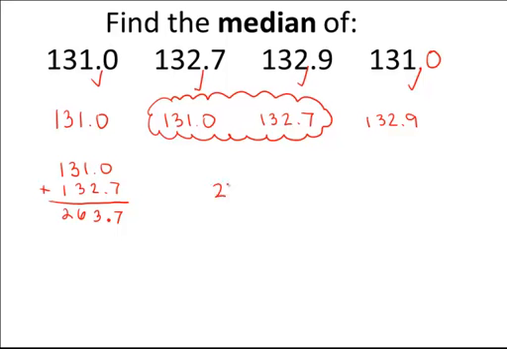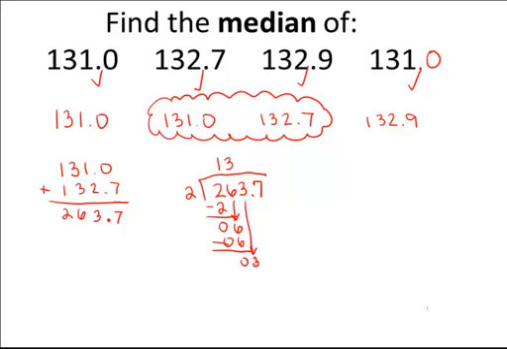Next, I will divide that sum by 2 to find the average of the two middle values. 2 goes into 2 once. Bring down the 6. 2 goes into 6 3 times evenly.